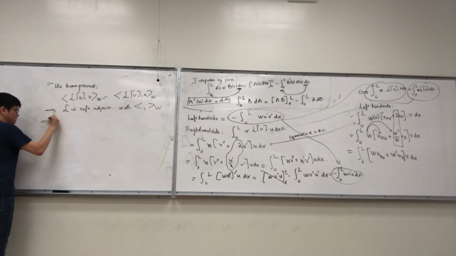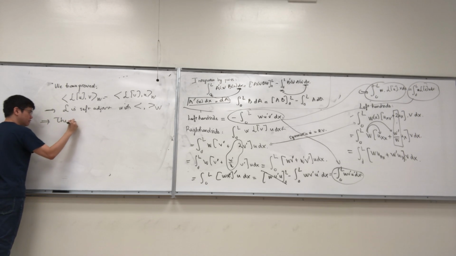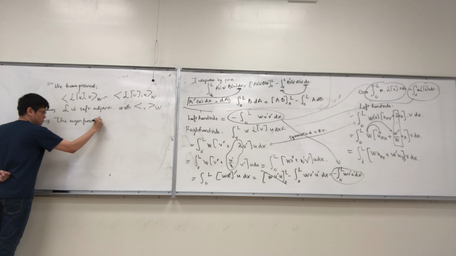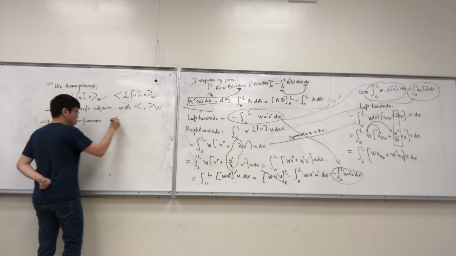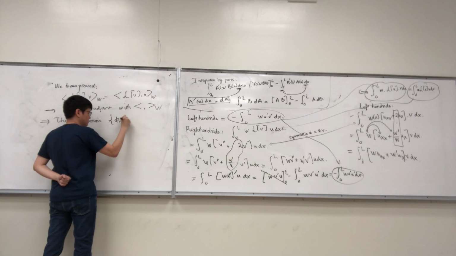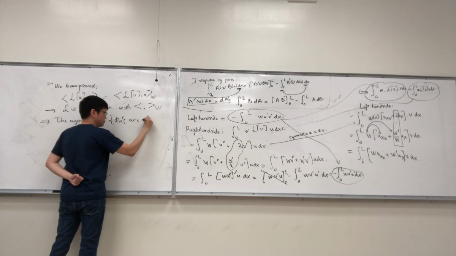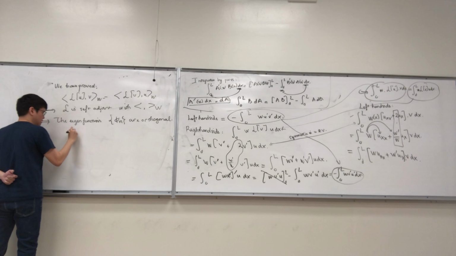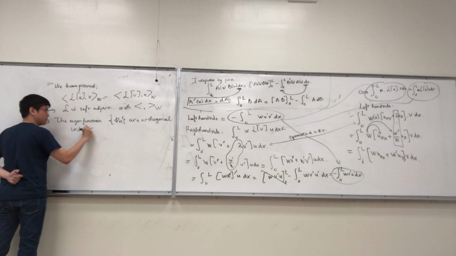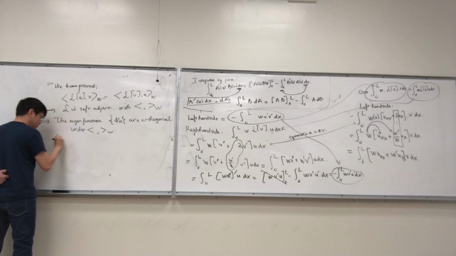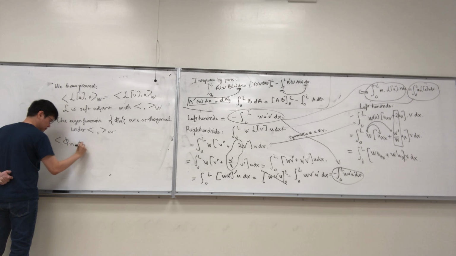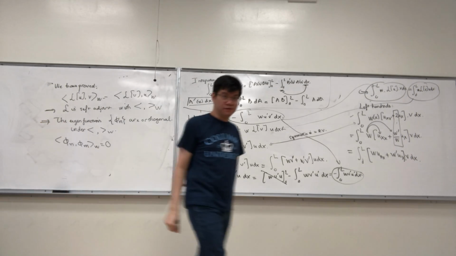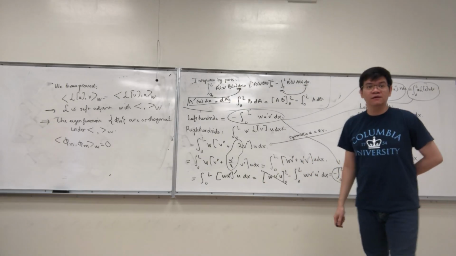So which means that the eigenfunctions phi n are orthogonal under this inner product, right? So this is what we found. So this is the idea of Sturm and Liouville.